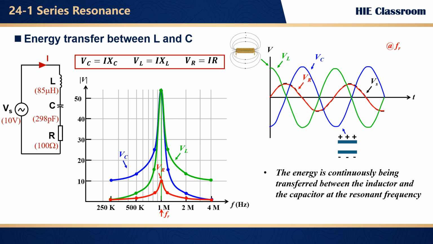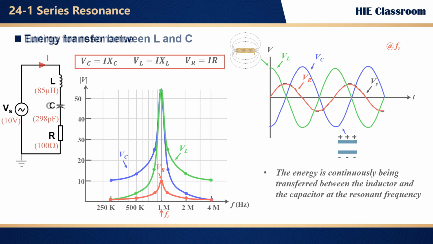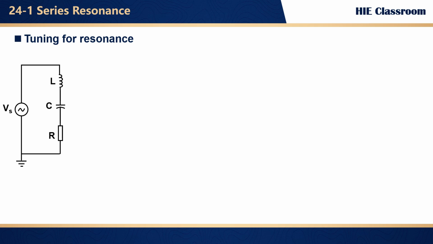And this only happens at the resonant frequency. It's the magic number where the values of the inductor and capacitor line up just right for this energy swap to work.